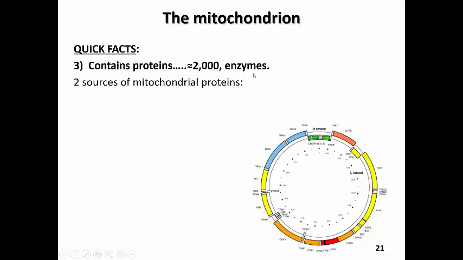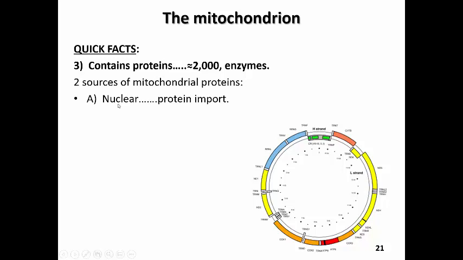Now, recall, the enzyme is a protein that speeds up chemical reactions, but it's a protein structurally, nevertheless. And so the question here is, where did the mitochondrion obtain its proteins? Well, there are 2 sources of those mitochondrial proteins.